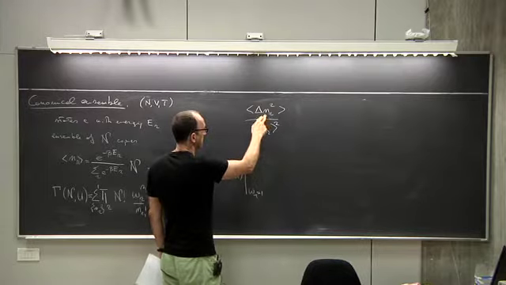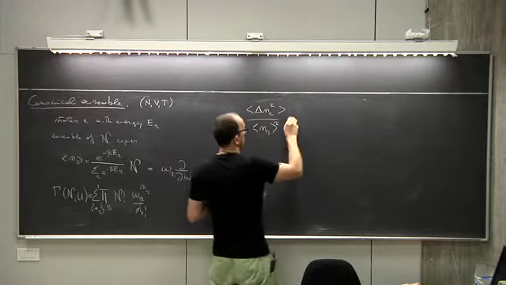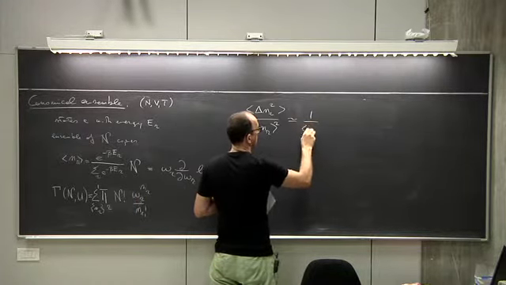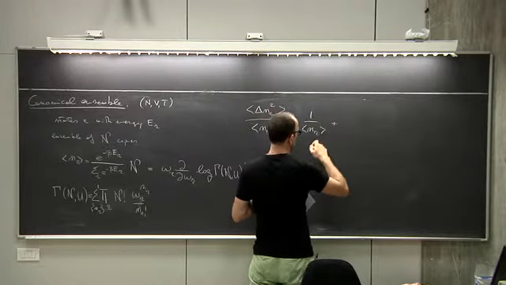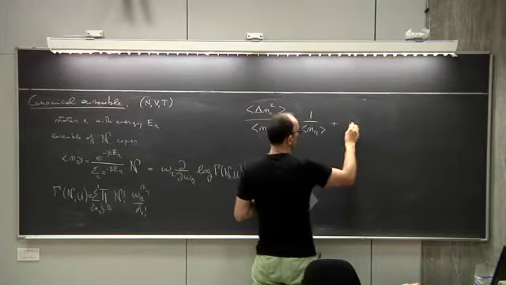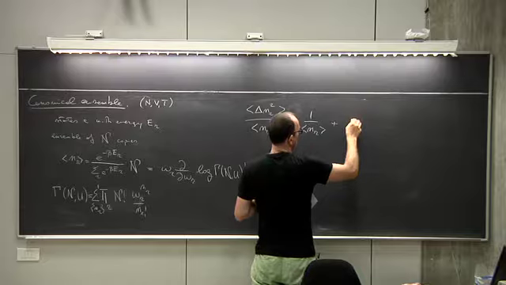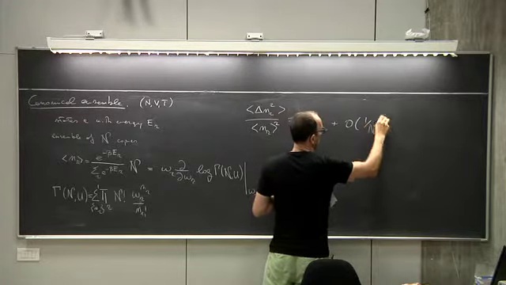number of copies in your system which are in state R is proportional to 1 over the number of copies which are in this state, plus quantities which go as 1 over the number of copies.